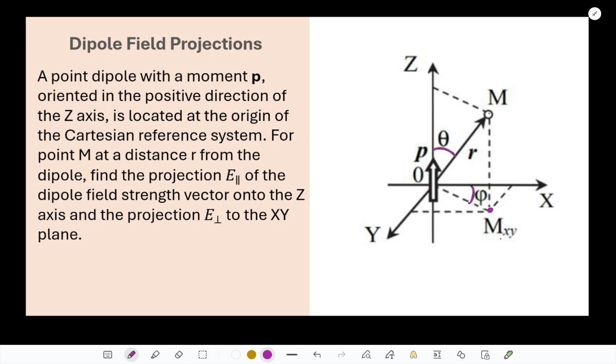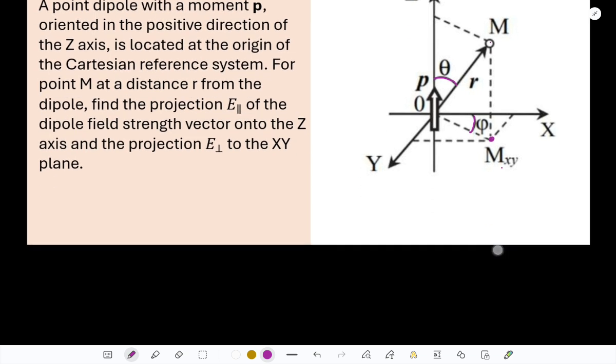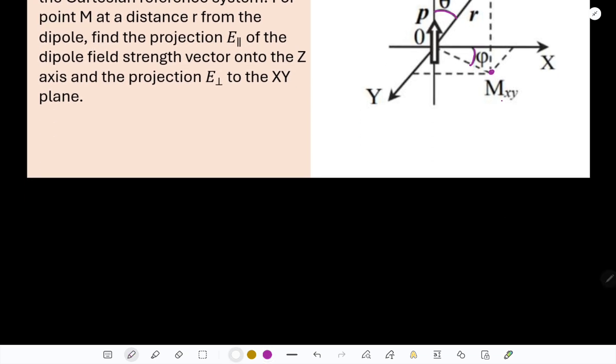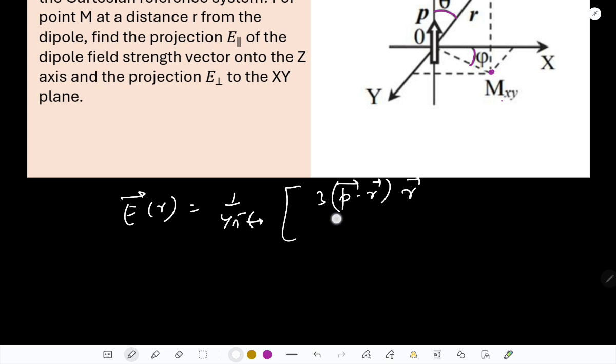And nothing else. Not wasting more time, we know that the field strength can be written as 1 upon 4 pi epsilon naught, 3 (p dot r) r divided by r^5 minus vector p by r cube, or with the unit vector, r cube.